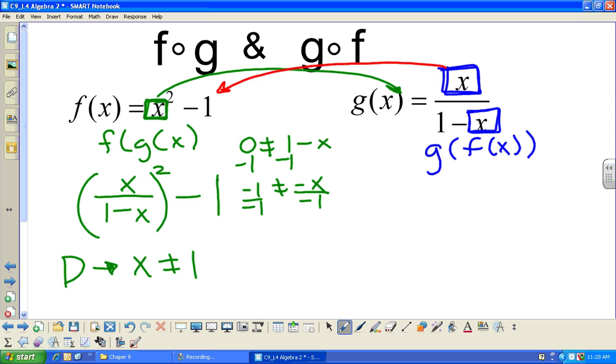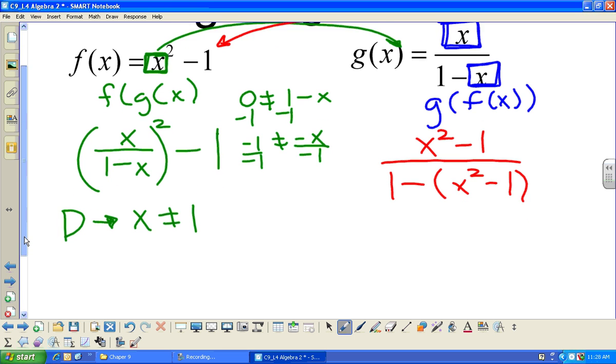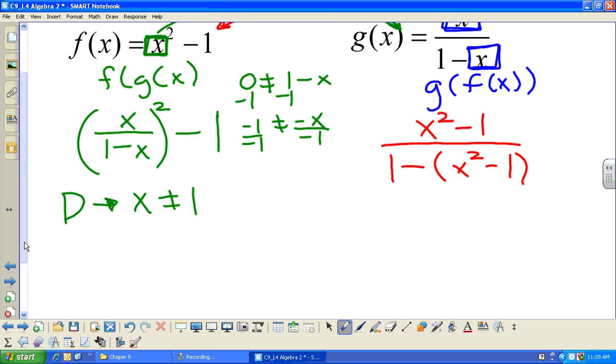So on top, I will have x squared minus 1, divided by 1 minus x squared minus 1. I can simplify this by distributing my negative sign and combining like terms. 1 plus 1 will give me 2. So I'll have negative x squared plus 2.